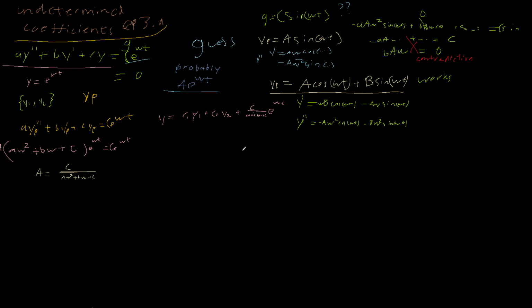Okay, let's try plugging this in. We get minus a w squared times the big C for the cosine, minus a b omega squared times the big S for the sine, plus b w big B big C minus b a w s plus c a big C plus c b big S, and this is equal to this big C and sine, right?